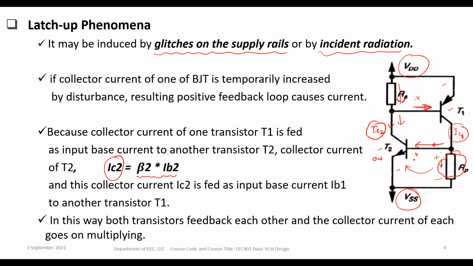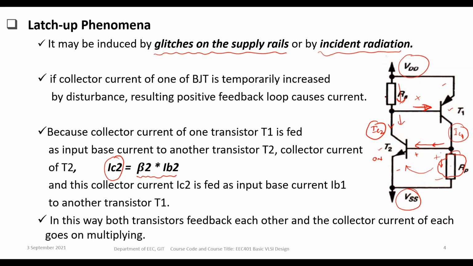So the doping concentration of the wells as well as the substrate must be maintained thoroughly. If you do not maintain the doping profile properly, the drop across it makes the transistor turn on strongly. That is one of the important things.